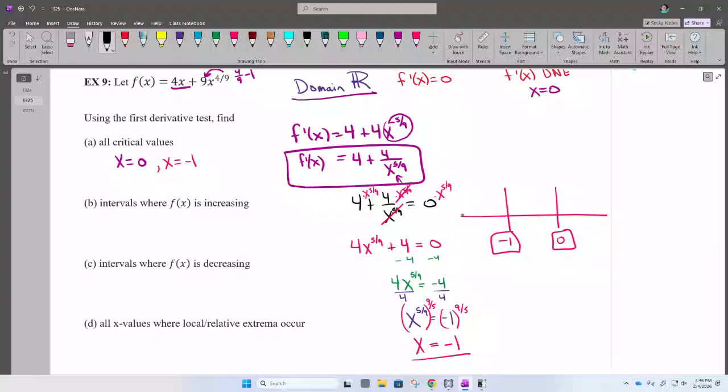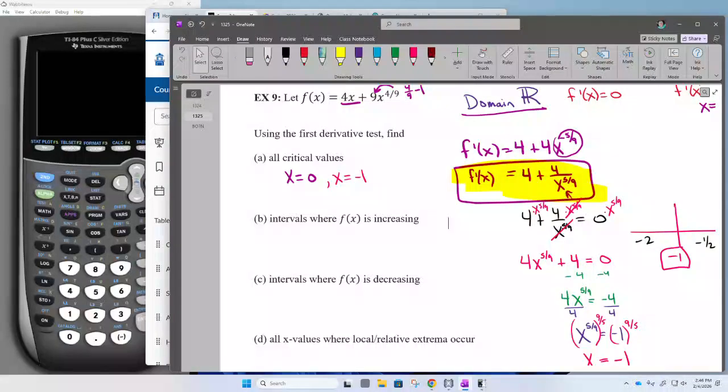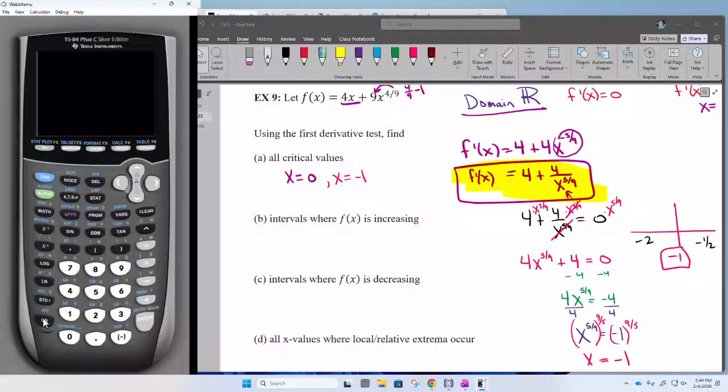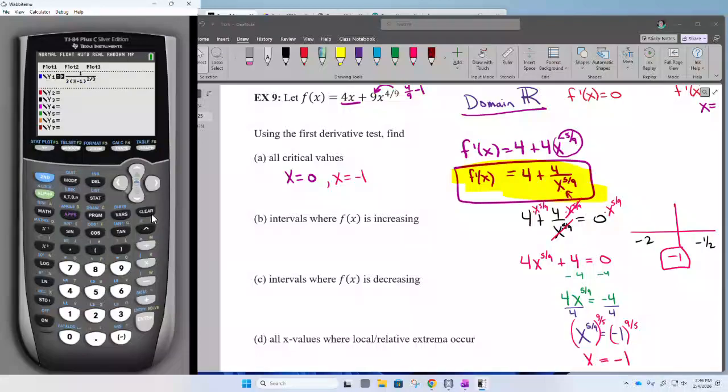Picking numbers to the left and right, I'll pick like -2, -0.5, and 1. And I'm going to test these in the first derivative. So I'm going to plug my derivative into my calculator, and I get y equals 4 plus 4 divided by the 5/9.